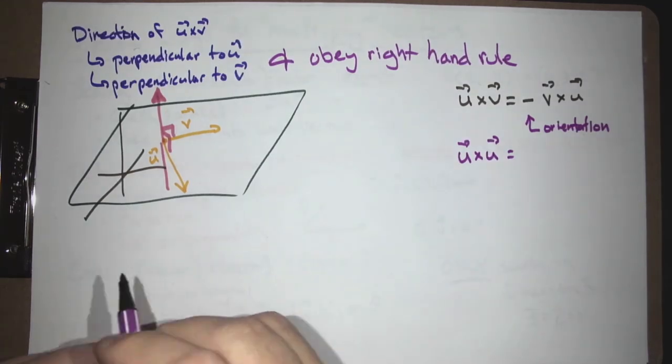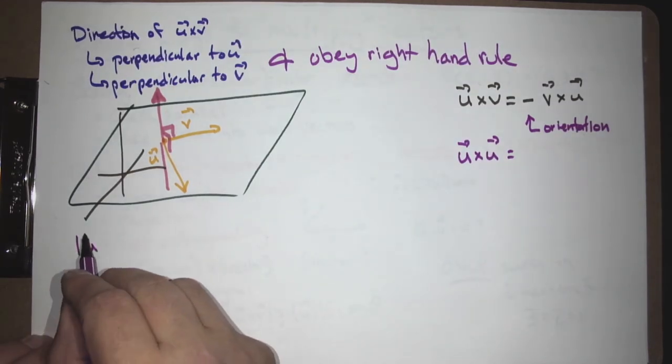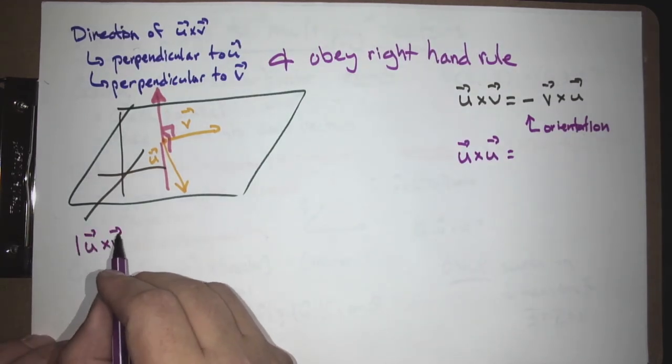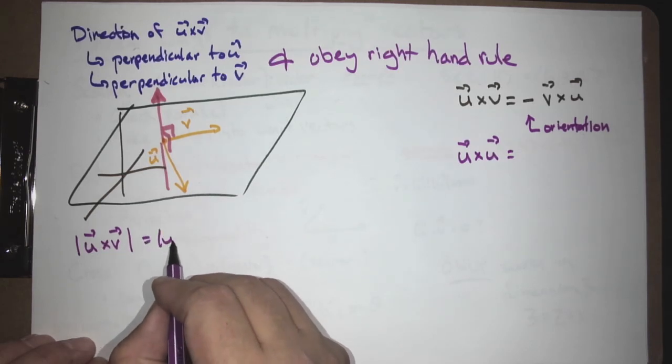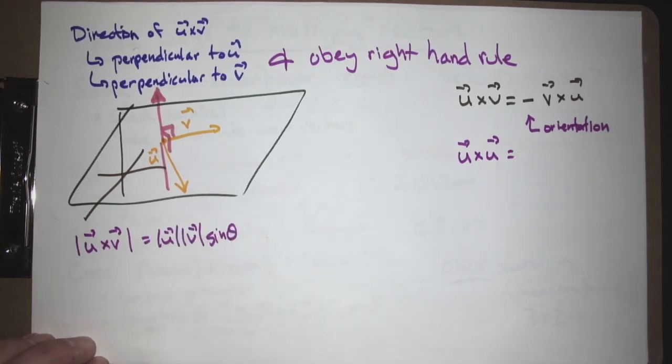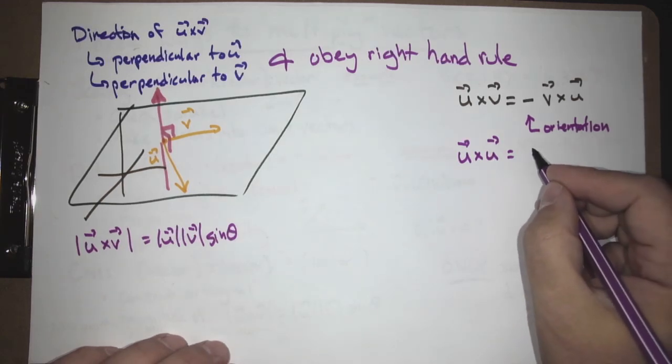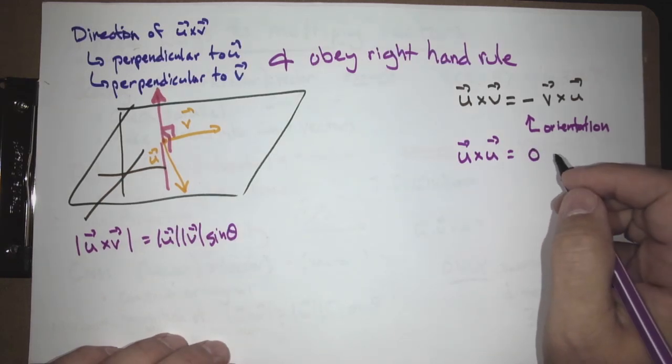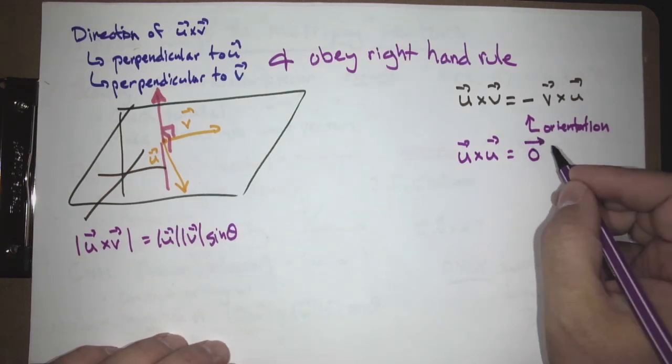And for this, I'll remind you of a fact that when you cross a vector together with another vector, you should get magnitude of u, magnitude of v, sine theta. What comes out? 0. Now 0 the number? 0 the vector.